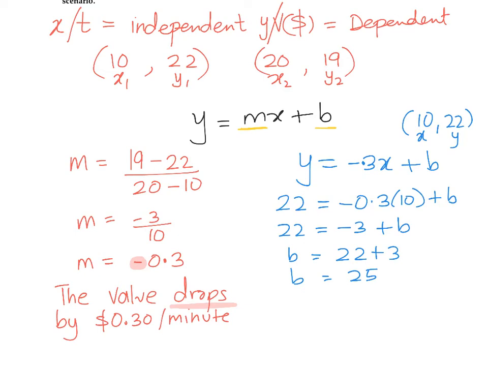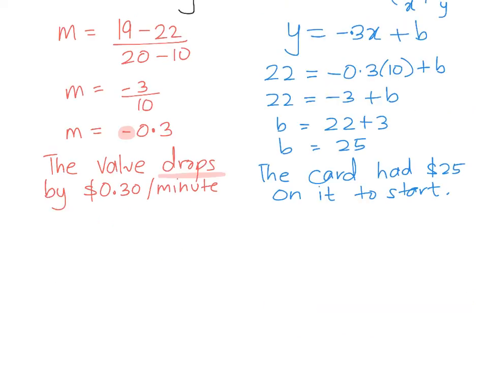So what does this mean? That this b was your starting value. That means the card had $25 on it to start. Now our equation would be y equals negative 0.30x plus 25.